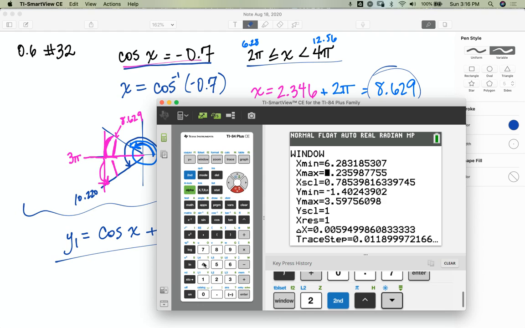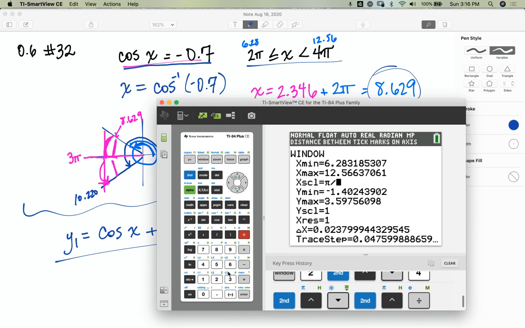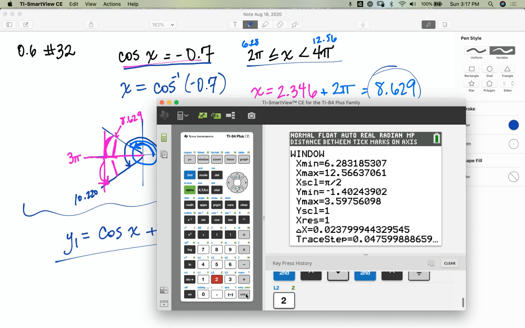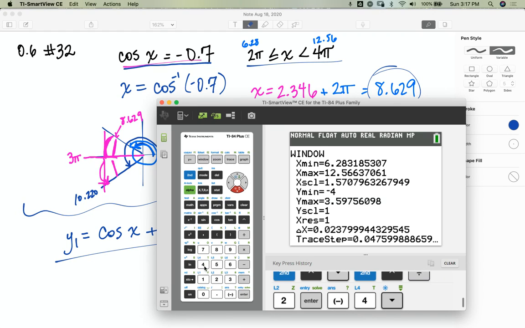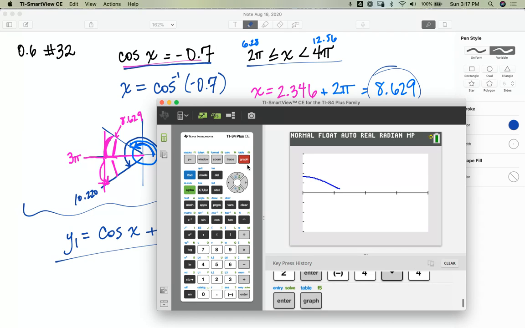We'll change our x maximum to a 4 pi. And then maybe our scale could be something like pi over 2. So that's just how often do you see the tick mark on the x-axis. And then we'll change our y min, I don't know, to like say negative, how about negative 4 up to positive 4 by 1s. And now let's take a look at this graph.